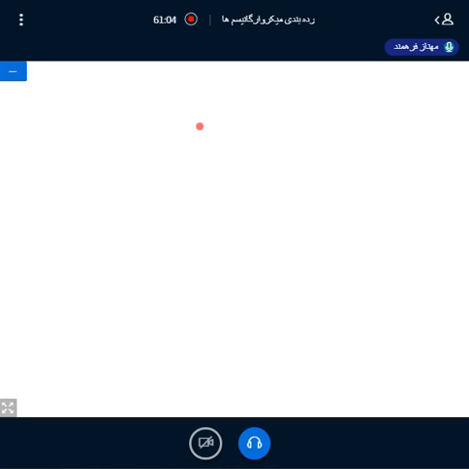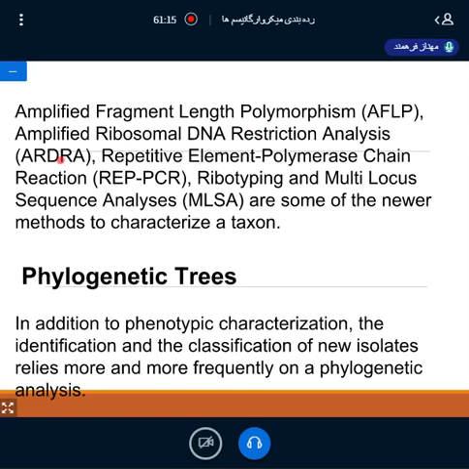A for amplified, F for fragment, L for length, and P for polymorphism. Amplified ribosomal DNA restriction analysis, ARDRA. You have studied it before. Do you remember it? The technique ARDRA, repetitive element polymerase chain reaction, or REP-PCR, that is a kind of PCR.